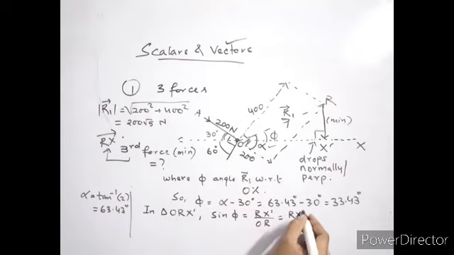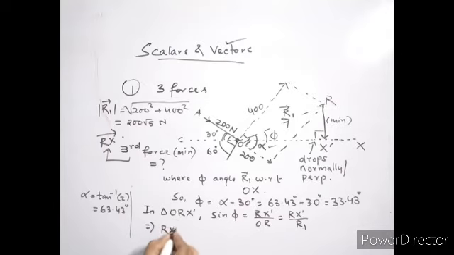Now RX prime, remember, is the third vector that we need to find, and OR is just the R1 vector. You can write it in scalar form, that is R1 in terms of magnitude. So the magnitude of the third vector RX prime is R1 times sine phi, that is R1 we had obtained previously to be equal to 200 root 5 times sine of the angle, that is 33.43 degrees.